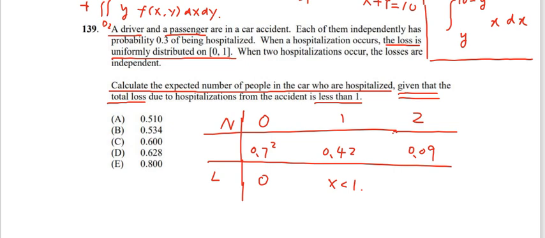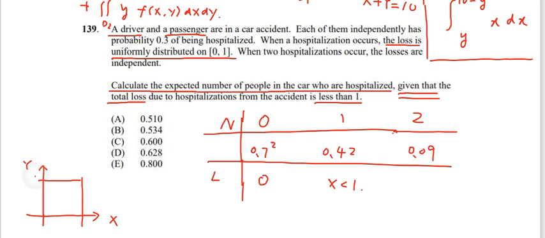In this case, maybe the loss will be larger than 1, so here we just check. If 2 persons got injured, then the total loss is, let's say, one from 0 to 1, and the other also from 0 to 1. So together the loss is a two-dimensional distribution, and the total loss is x plus y.